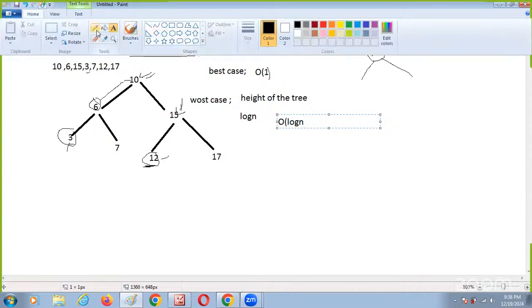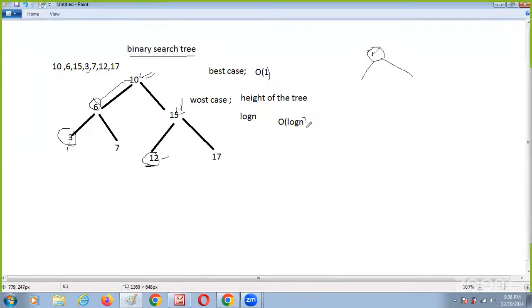This is the worst case and this is the best case. The average case is like a 6 or like a 3, and this is also log n in general.